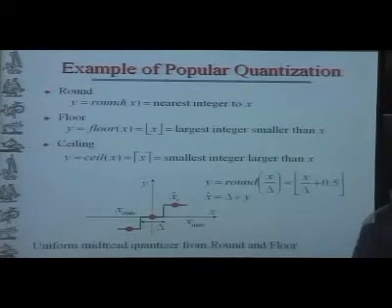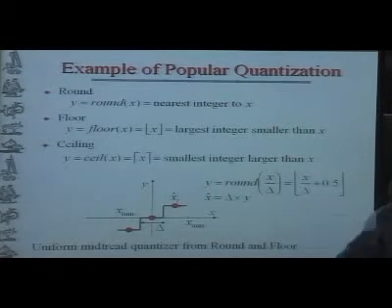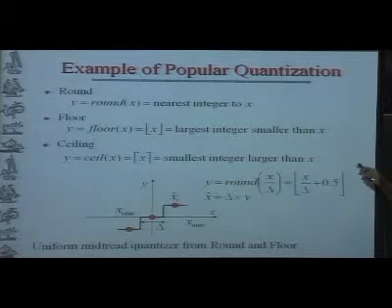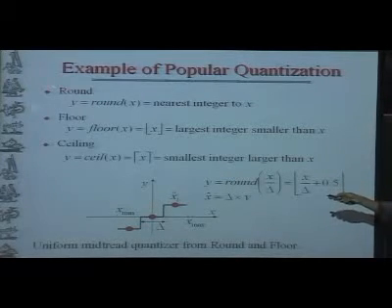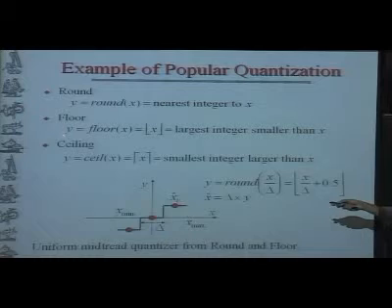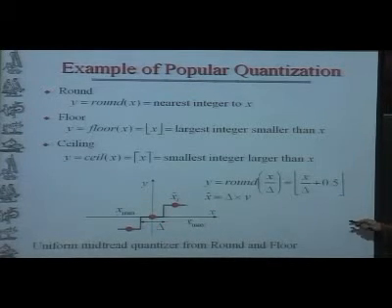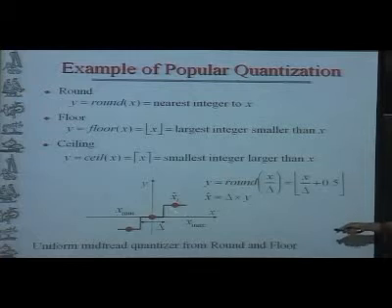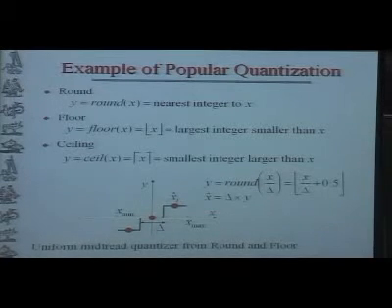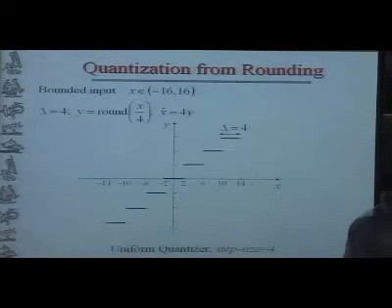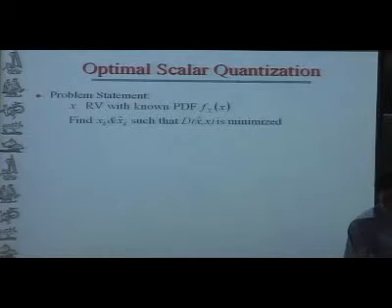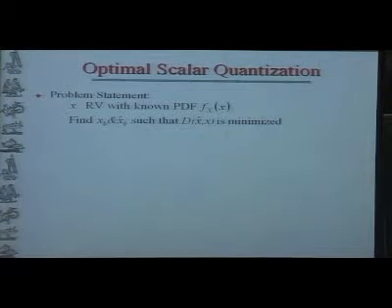Now, another very popular form of quantization is the rounding, flooring, and ceiling operators. I'll let you figure out exactly how you would draw the quantization operation. So let's skip this and let's do optimal scalar quantization.